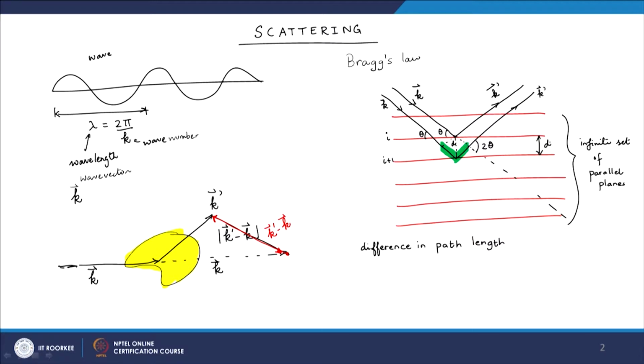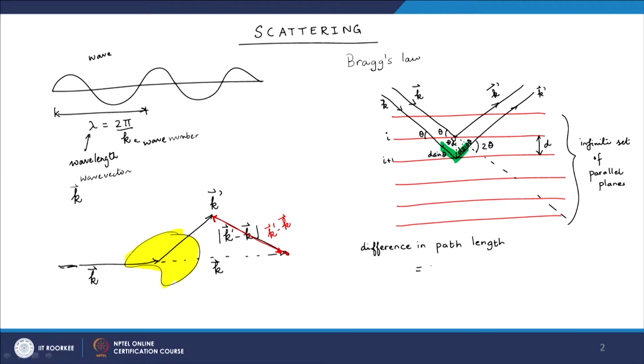So, we have a d there. So, we have another theta in between. So, essentially this particular quantity becomes d sin theta here and d sin theta there.